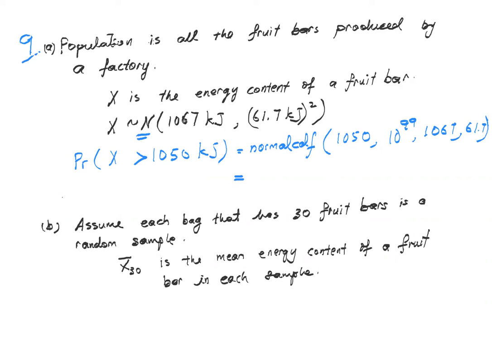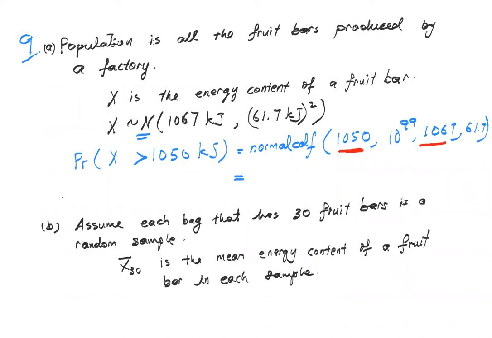Because it is more than the mean already. Because the lowest boundary is to the left of the mean. Yeah. So you see, when you talk about normal distribution, can you still remember that?